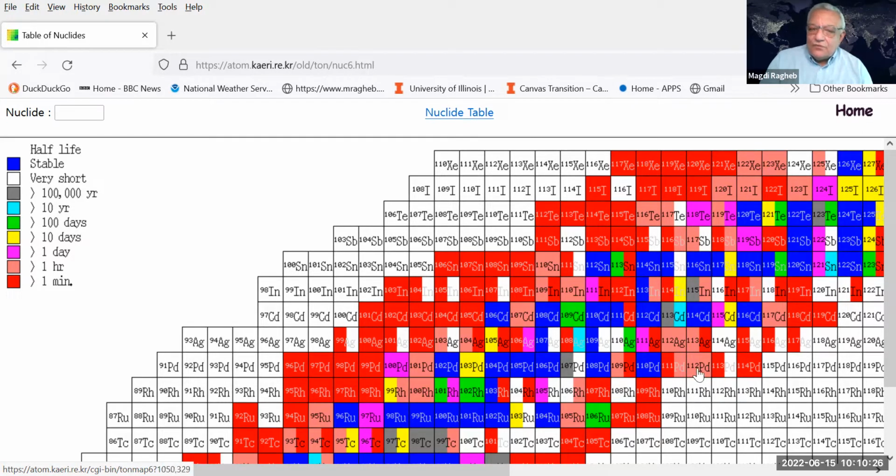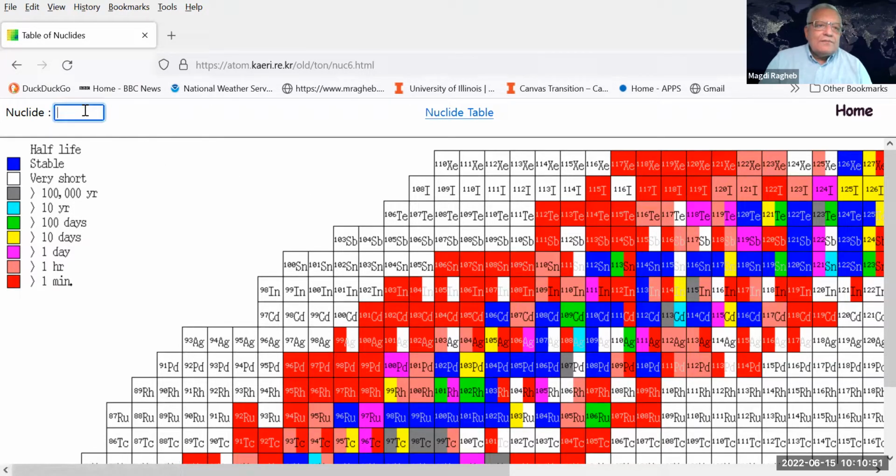These are the ones that have a larger number of neutrons than protons, and they emit beta particles, negative beta particles, on top. These are isotopes that have an excess number of protons, so they emit positrons, the antimatter of the electron, or decay by what's called electron capture.